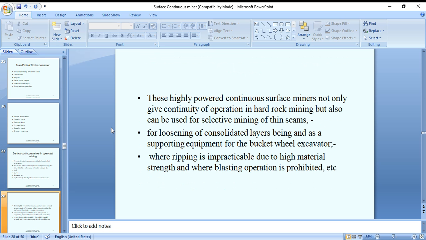These highly powered surface miners not only give continuity of operation in hard rock mining, but can also be used for selective mining of thin seams, for loosening consolidated layers, and as supporting equipment for the bucket wheel excavator, where ripping is impracticable due to high material strength and where blasting is prohibited.